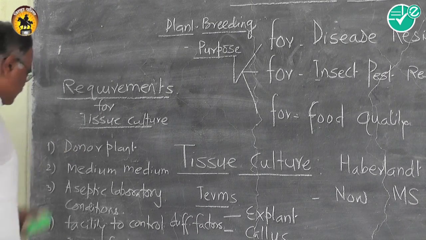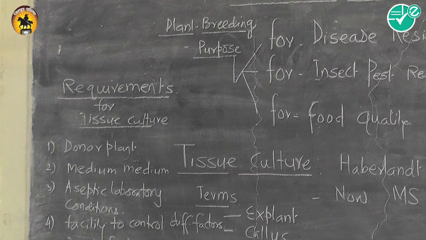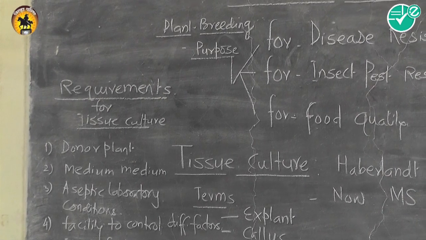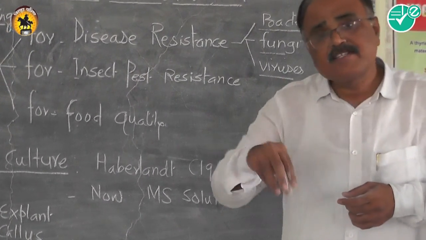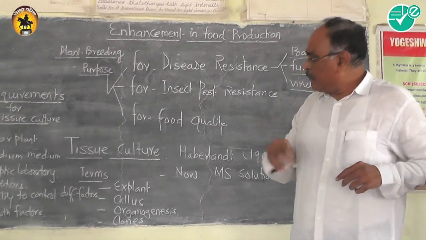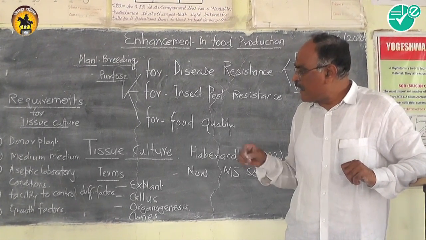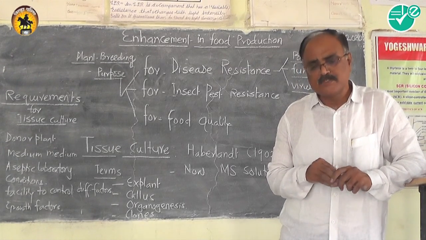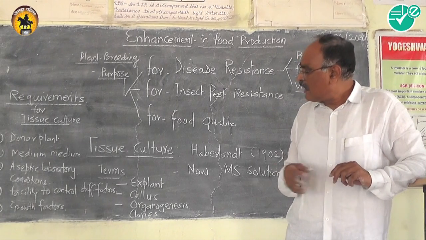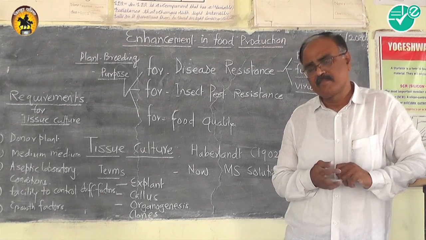Such different requirements are needed for the tissue culture technique. The donor plant provides the explant. The medium is where the explant is kept, and from where the explant receives nutrients as well as growth factors. Aseptic laboratory conditions are also necessary here.